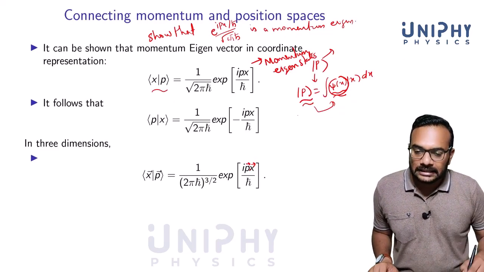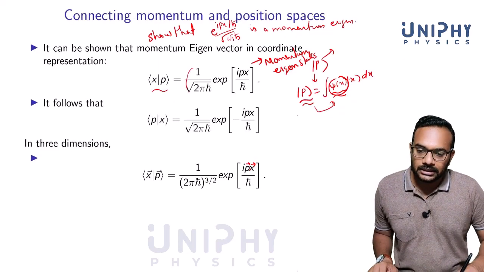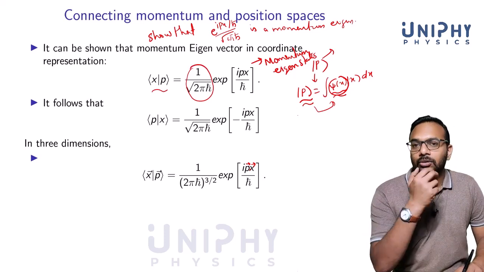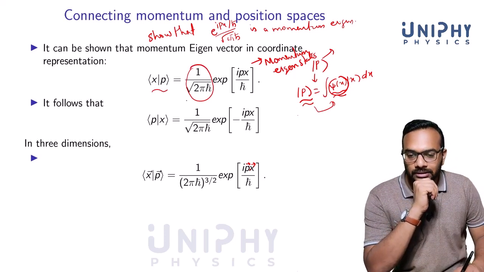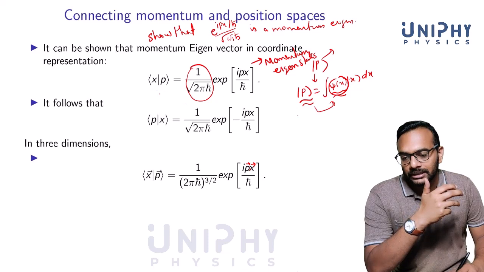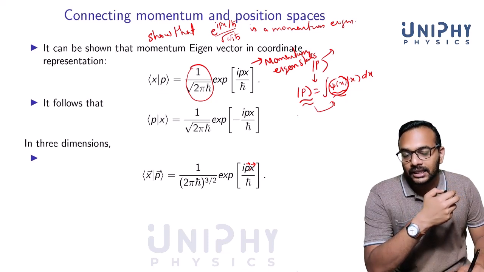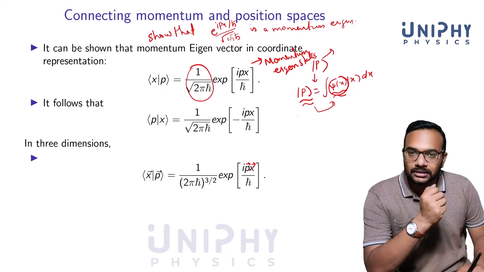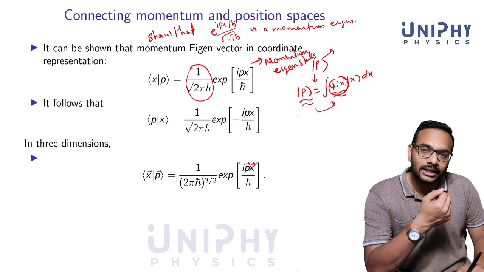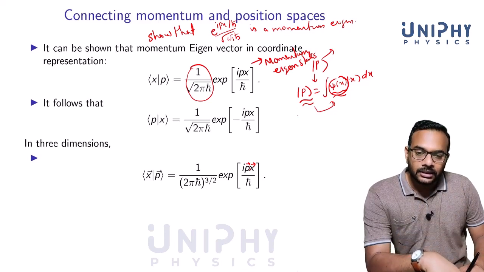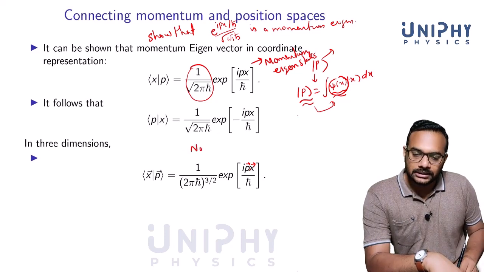Now, how do we fix these normalization constants? If you are familiar with these things, these wave functions are known as non-normalizable wave functions. You cannot normalize them to 1 in the usual way. We won't go into the details.